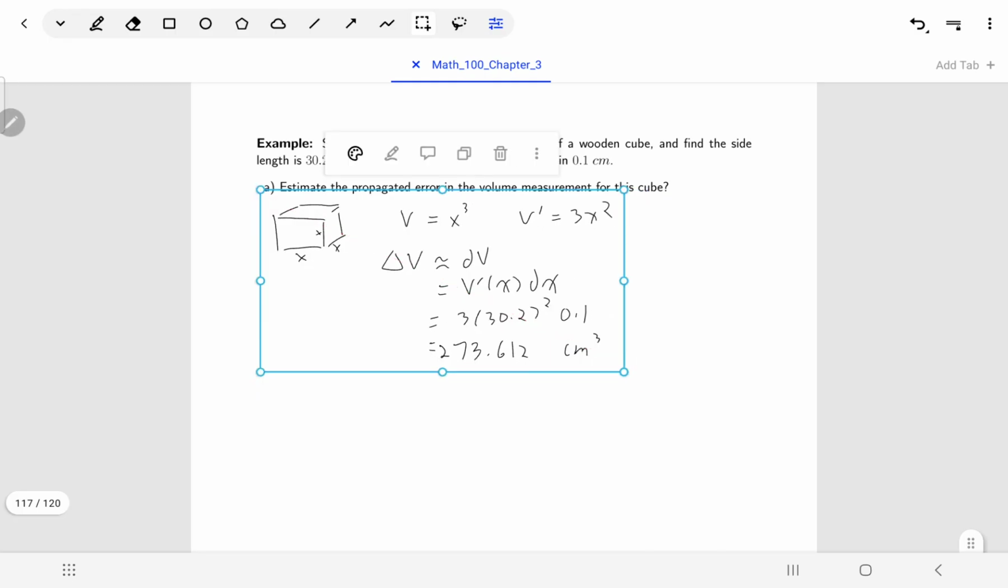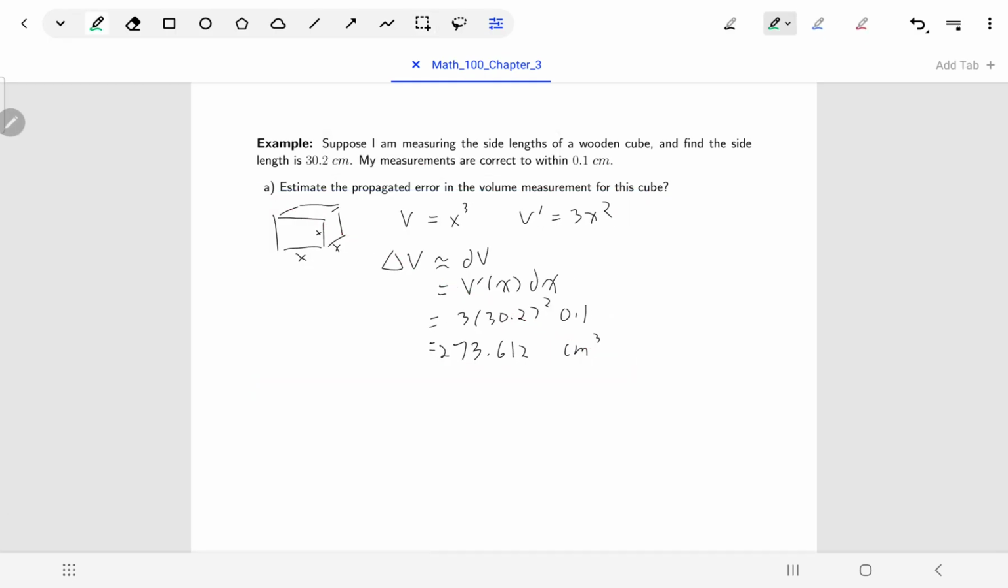If I wanted to see what is the actual error, what would be the error possible, I might say, well, I could have the actual side length be as big as 30.3 when the side length I calculated was 30.2. So in other words, I could have the actual error be 30.3 cubed minus 30.2 cubed, or 274.519 centimeters cubed. Or on the smaller side of things, what if my 30.2 was too big?